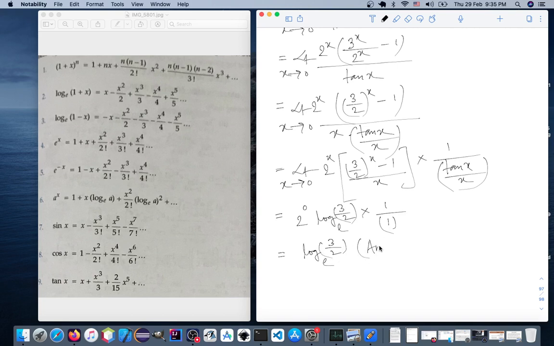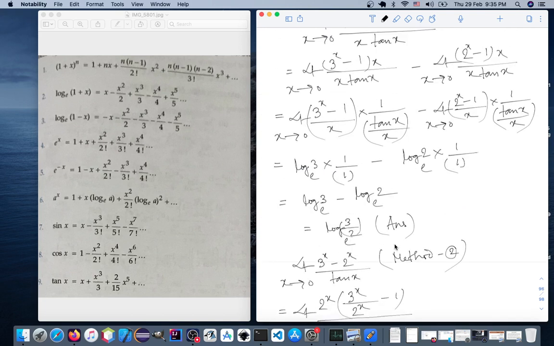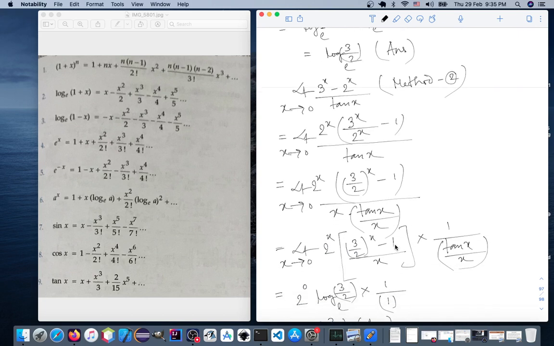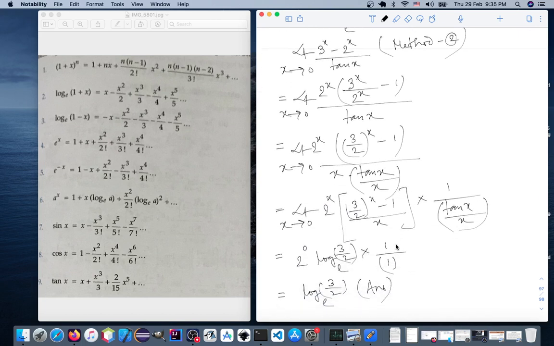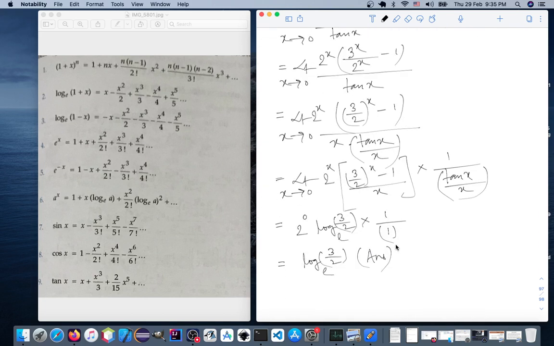So we got the same answer. Now you can see which method took less amount of time, which was the shorter method. More or less same, but it is good to know various methods to solve a problem. Okay, let's see the next problem.